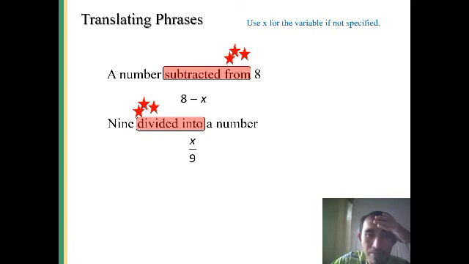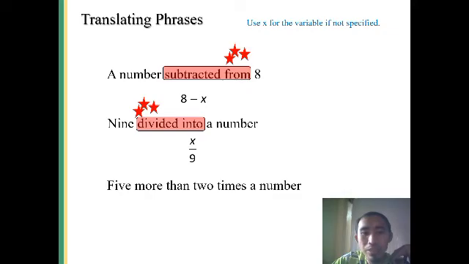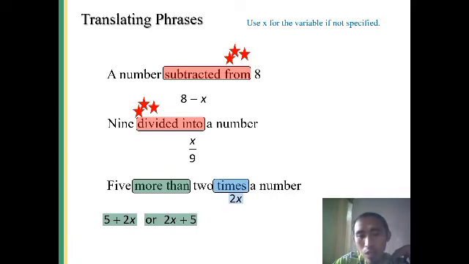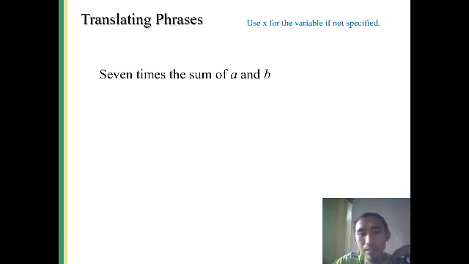As you remember, before that I discussed already. So consider 5 more than 2 times a number. We have more than, 2 times, yes, 5 plus 2x, or 2x plus 5. 7 times the sum of A and B. Times and sum are our key words.